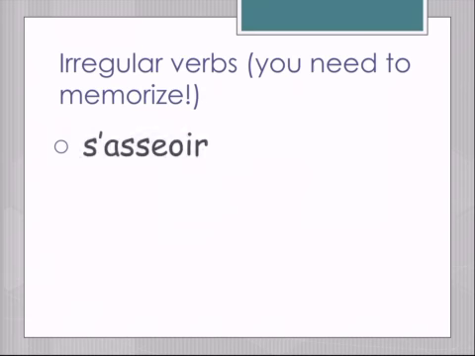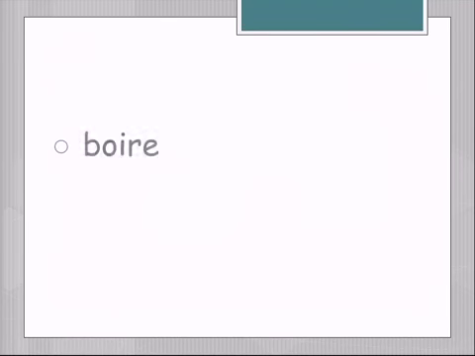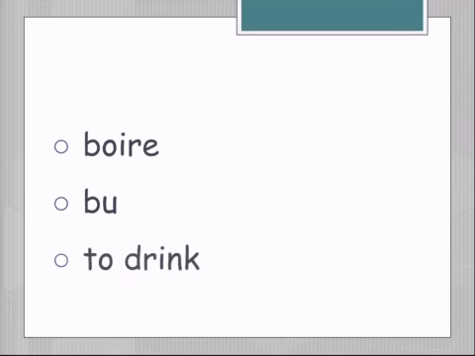So, s'asseoir, it turns into assis, and it means to sit. Avoir turns into eu, to have. So I had, j'ai eu. Boire, you already know this one, turns into bu, to drink, or in the past tense, drink.